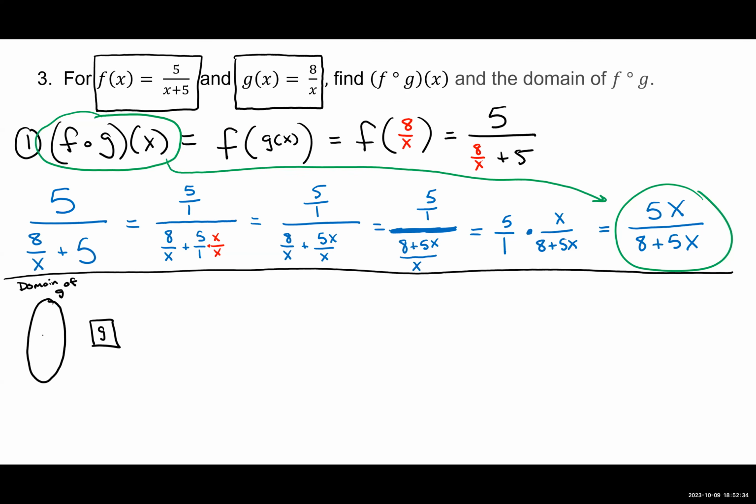Here's the g function. So the number that goes in, we call that an x. The number that comes out, we call that a y or a g of x. Remember, they mean the same thing. This is the range of the g function.